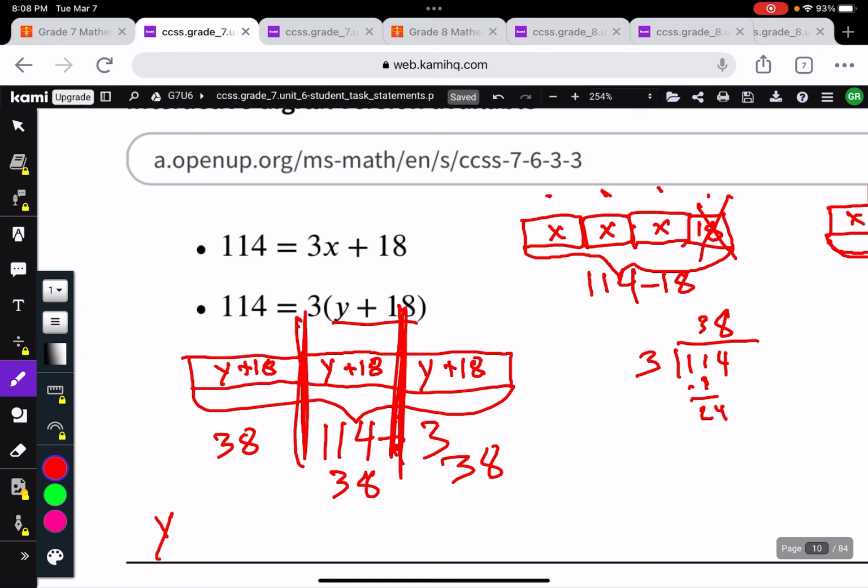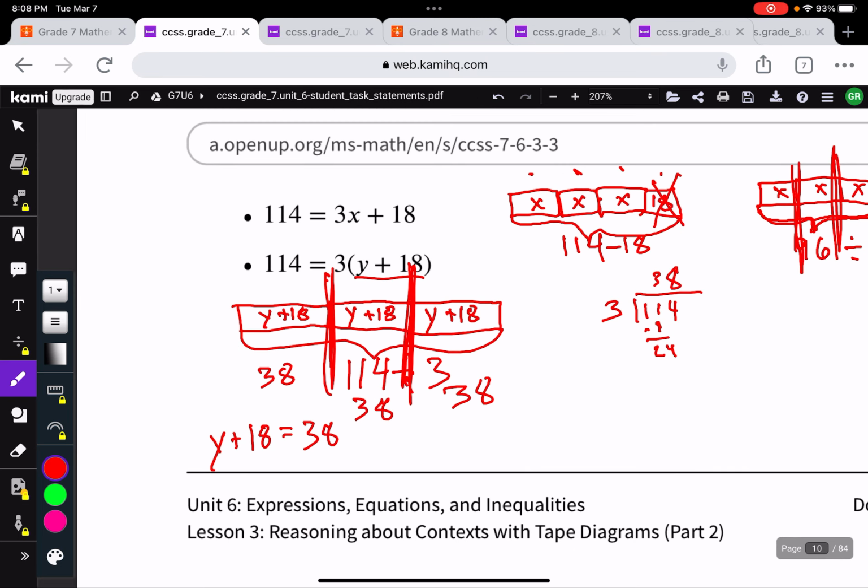So guess what? Y plus 18 equals 38. If that's the case, if I've got a y plus 18 and all of that's equal to 38, if I get rid of 18 and I get rid of 18 here, you might recognize this.